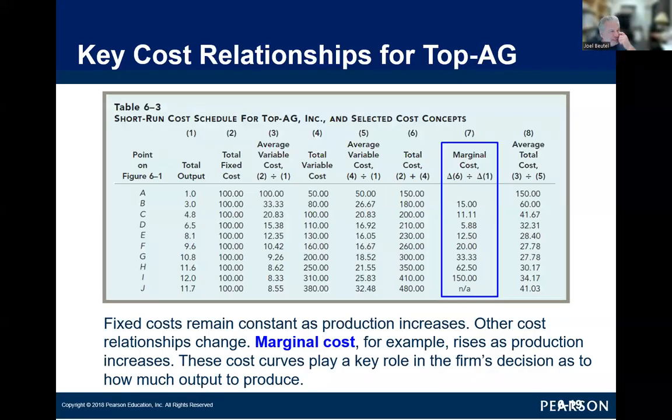Okay, I paused it for a second to see what was going wrong because that threw me for a bit of a loop. Column 3 should say average fixed costs because you're taking your fixed cost and dividing by your output, right? So we're taking 100 divided by 1, that's 100. 100 divided by 3, 33. 100 divided by 4.8. We'll assume the math's right, although they had a typo, so maybe it isn't.